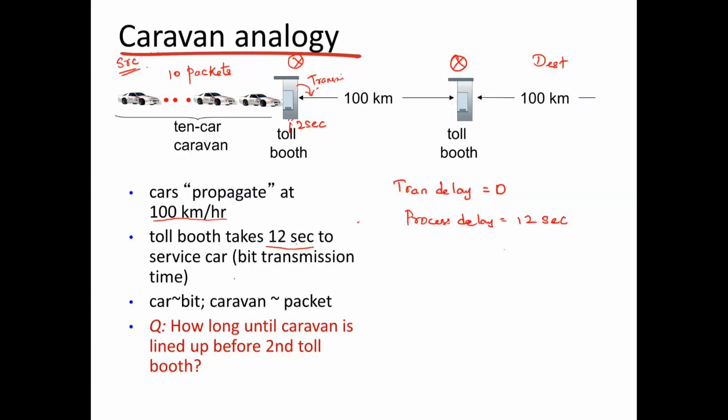So to service these 10 cars, how much time does it take? For one car, processing delay is 12 seconds. So for 10 cars, can I see the answers in the chat box?